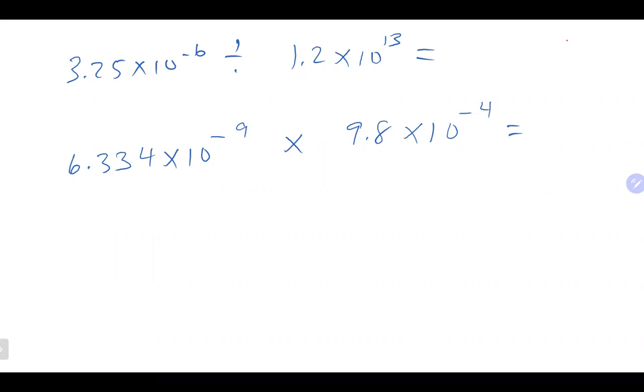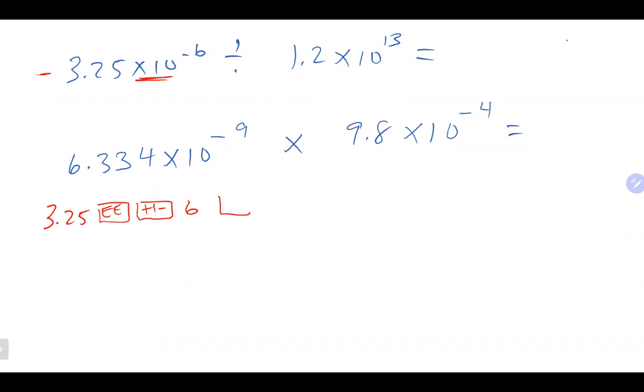All right, let's take a look at the first one. So again, I'm just going to write how you should perhaps punch it into your calculator. Starting on the first one, you should go 3.25. You should hit your exponent button. Again, that represents the times 10 part, so no multiplication or any of that type of stuff should be hidden. You then should hit your negative button and then 6.